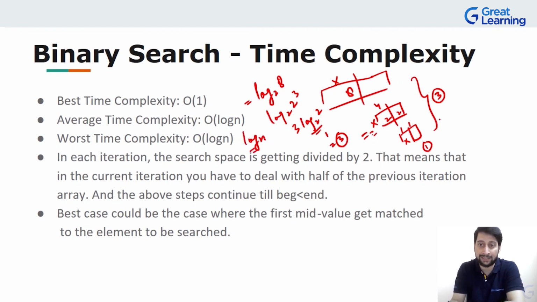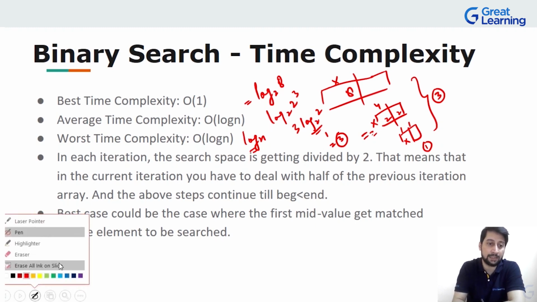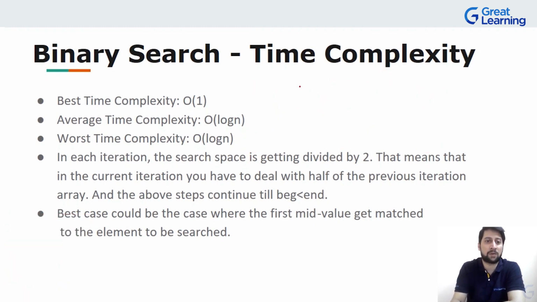As we saw, in 3 steps we were able to find the element, and log 8, the answer of that, is also 3. So you get the point, right? The worst case time complexity of binary search is log n, and the same goes for the average case, wherein it will be around log n divided by 2, neglecting the constant terms. It again boils down to big O of log n.